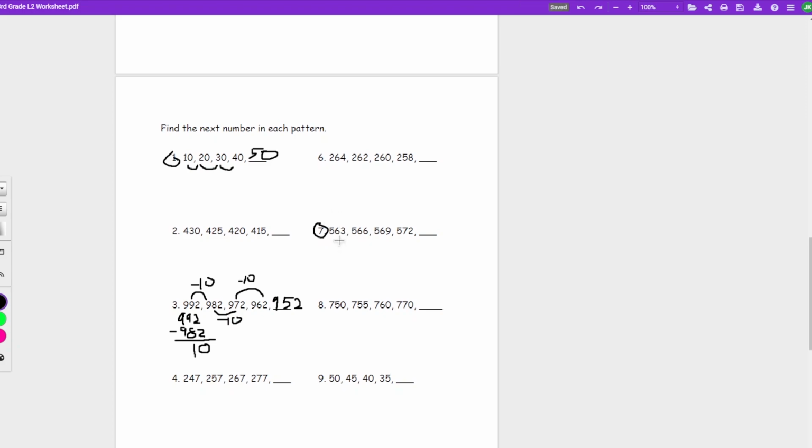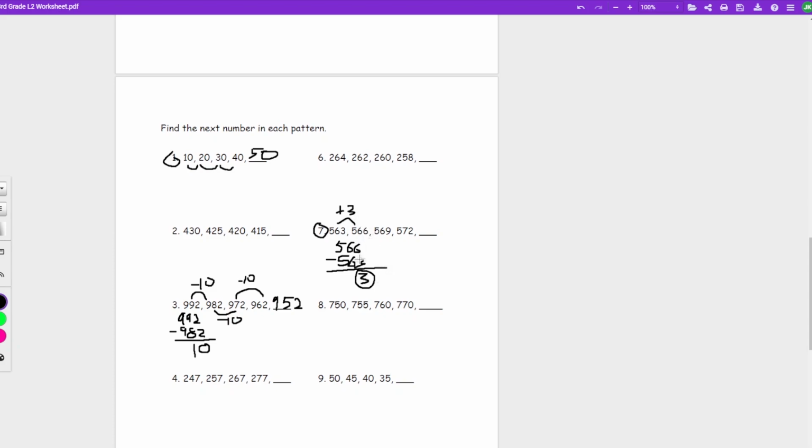So 566 minus 563. Well, 6 minus 3 is 3. 6 minus 6 is 0, so I'm not going to write anything. And 5 minus 5 is 0, so it's just 3. And it's going up by 3.